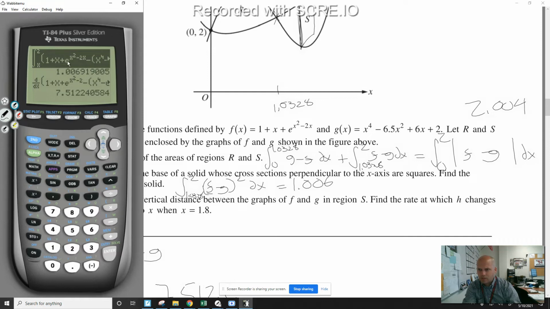1 plus x plus e to the x squared minus 2x, x to the fourth. Did I not square it? Oh my gosh. Classic. It's like there's so much to type in, you forget the key thing, which is the side length squared.